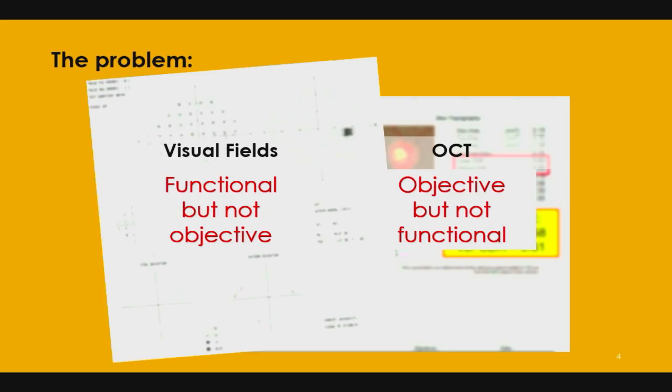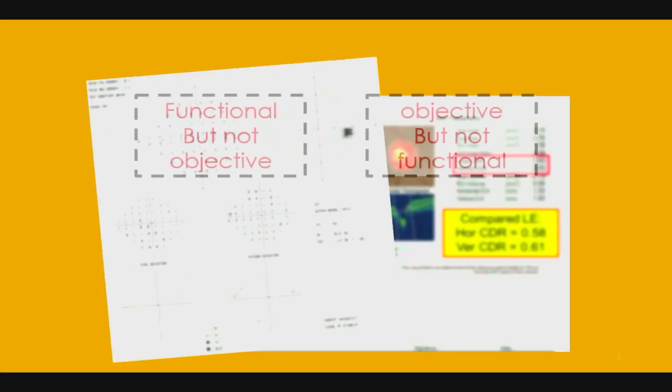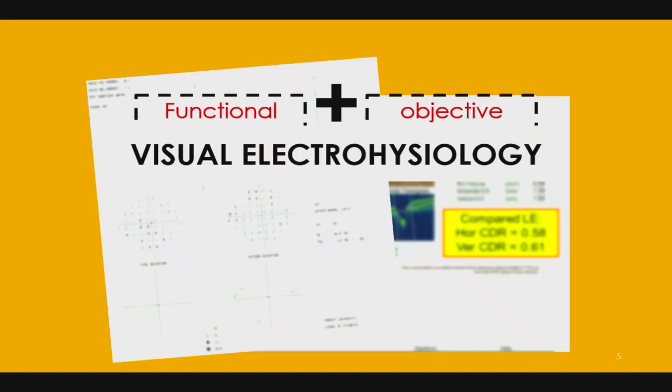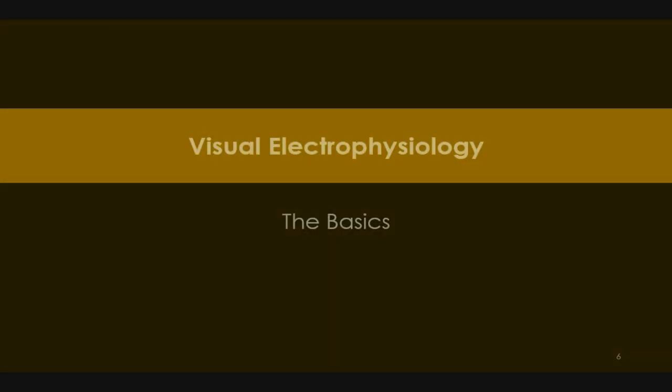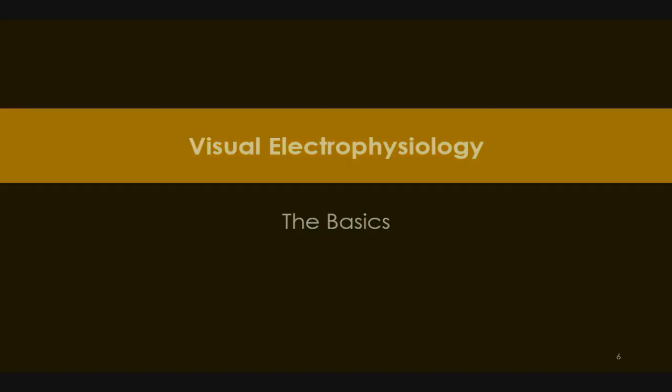You check the function, but it's not objective. It depends on the person pressing the button. If the person is not telling you the truth, what do you do about it? So it would be nice to have a test which is both objective and functional. That is where visual electrophysiology comes in. It is an objective functional test of the eye. So today, we jump into the basics.